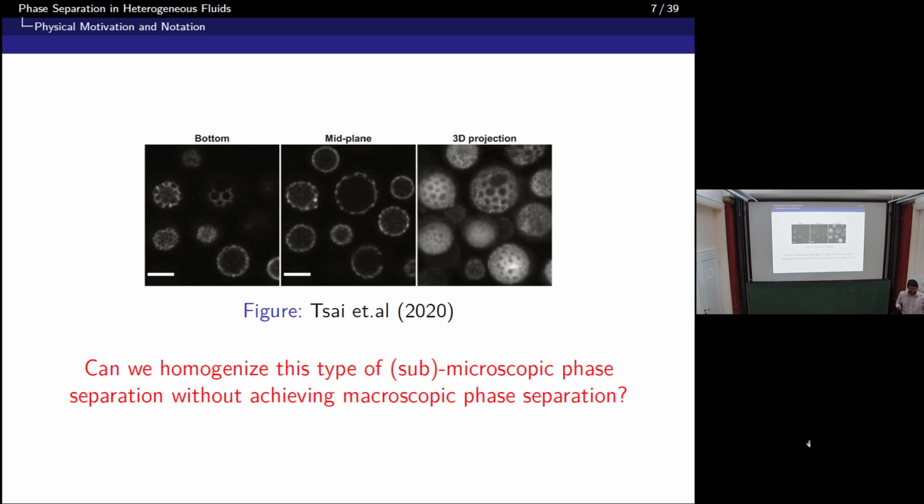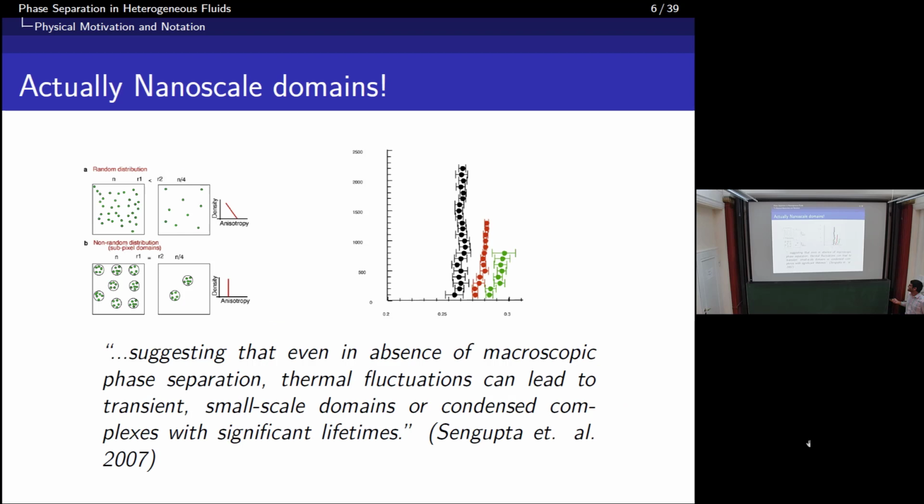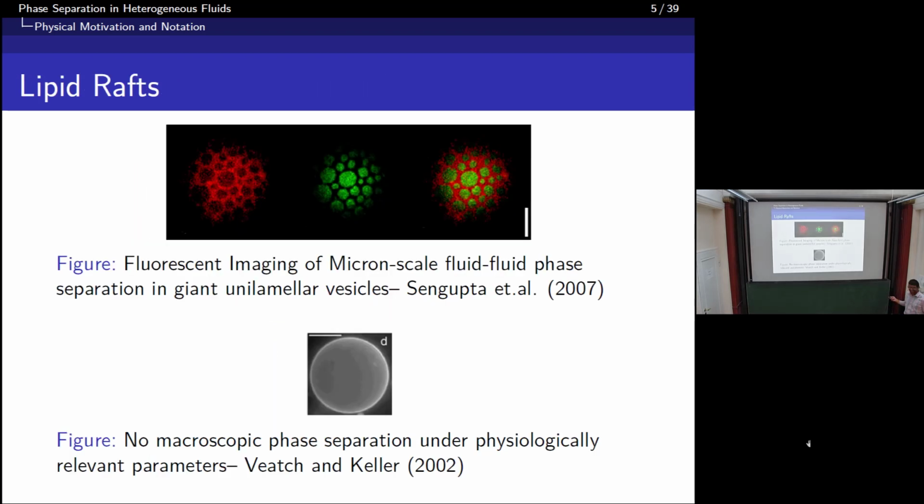So the idea is we want to homogenize all this submicroscopic phase separation, but we want to do it in such a way that you still see the entire material. You don't achieve macroscopic phase separation, because, like in this picture, you don't actually see any macroscopic phase separation at a macroscopic level.